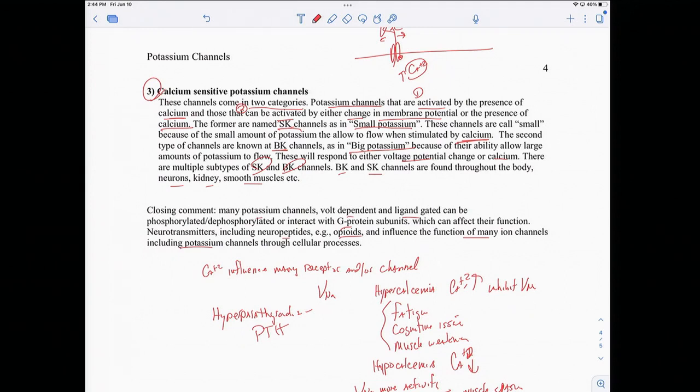So it gets insanely complicated, but I'm hoping you can appreciate the beauty of all this interaction that makes us physiologically normal. Okay, so that's a wrap on potassium channels. And again, my point was I was being very general, just thinking in terms of general categories of how these things operate in the cell.